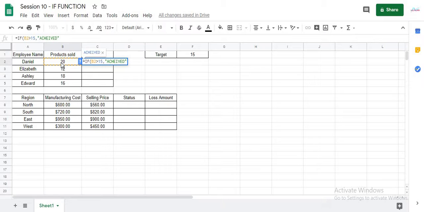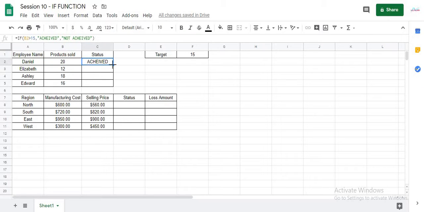If not, I want the cell to reflect as not achieved. I'm closing the bracket and enter. If you see, this has returned the value as achieved because the products sold by Daniel were 20, which is greater than the target of 15.